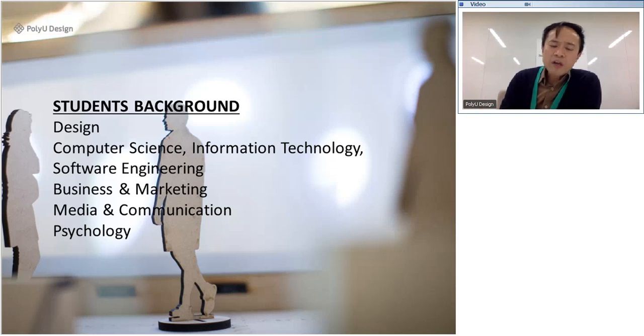So we always believe that a diverse mix in our students' backgrounds would definitely create a much more dynamic and vibrant study atmosphere, and possible outcomes will be generated from our students. So every year we want our students to mix with different types of backgrounds.